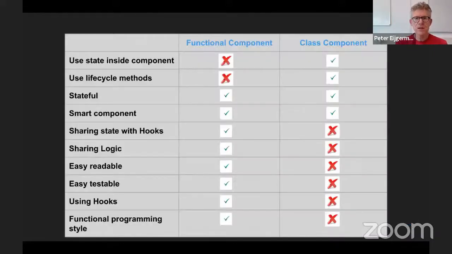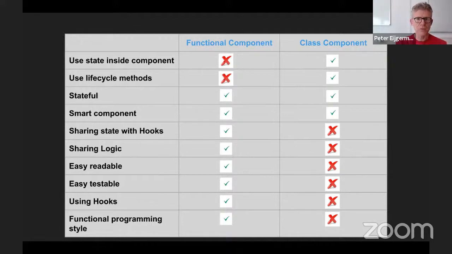Here I have made a diagram of it. So you have function components and class components. Class components have state inside of the component, and lifecycle methods for mounting, updating, unmounting. Function components don't have lifecycle methods, but they have a lot of other things.